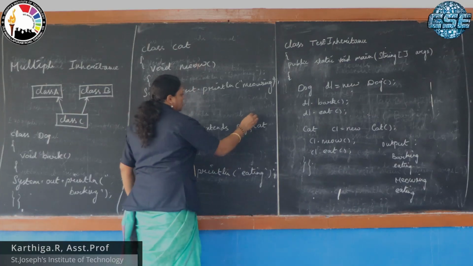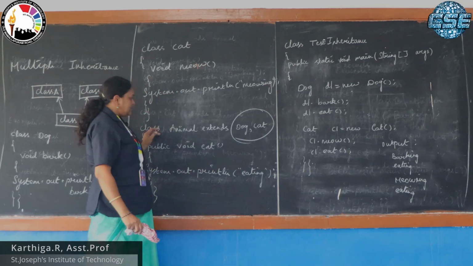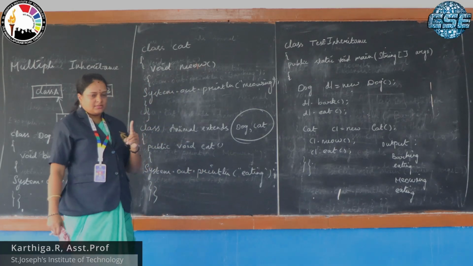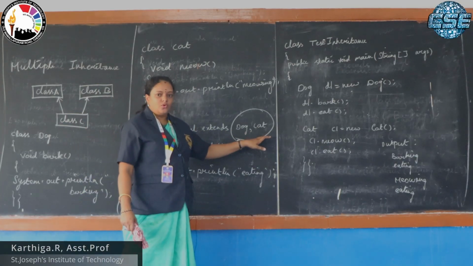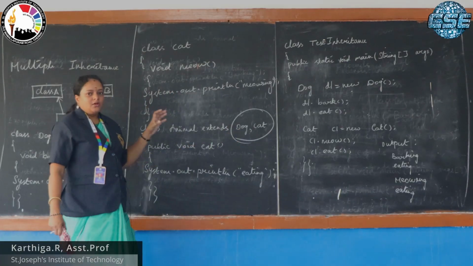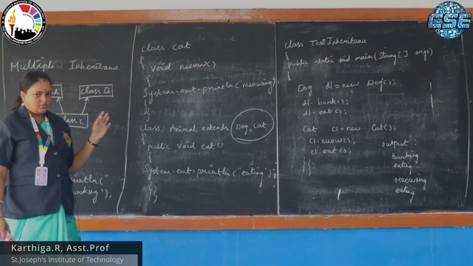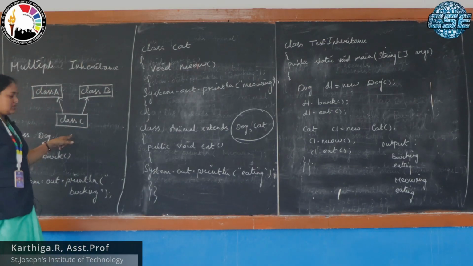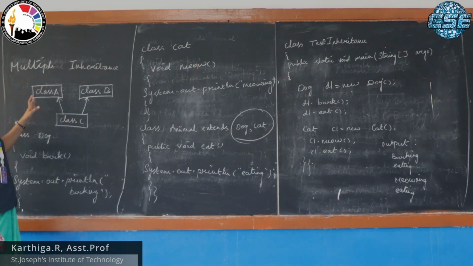So here this is not possible because a class extends only one class. It will not extend two classes or more than that. So this is the ambiguity or diamond problem that occurs because of two parents, one child. This child doesn't know which parent's data members can be accessed.